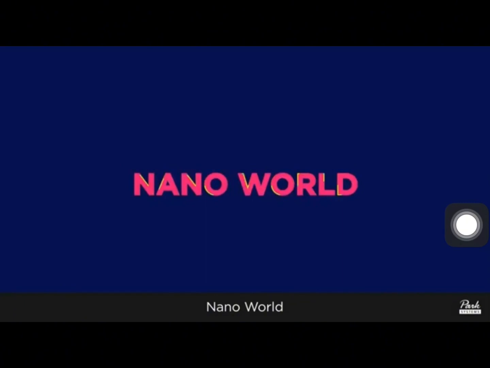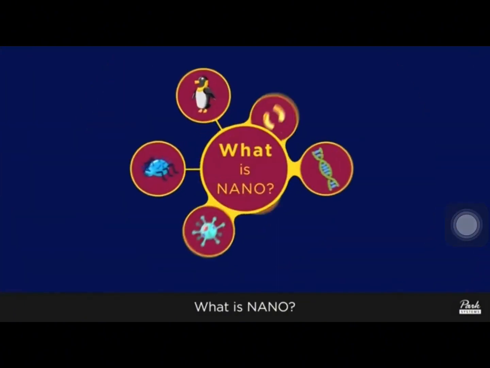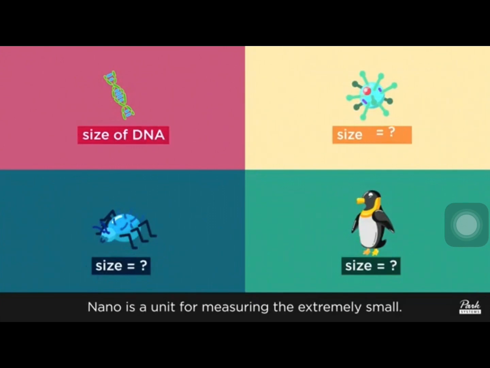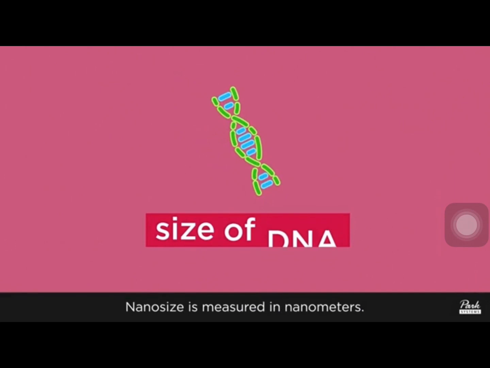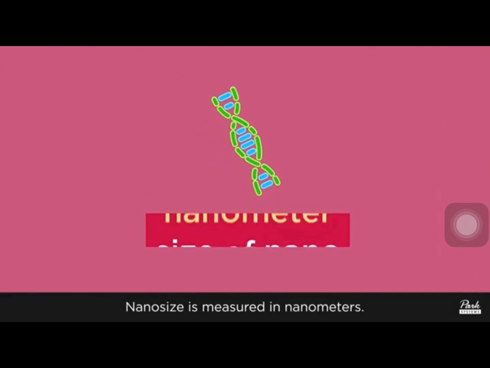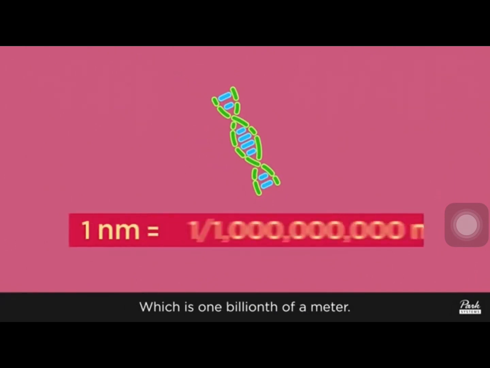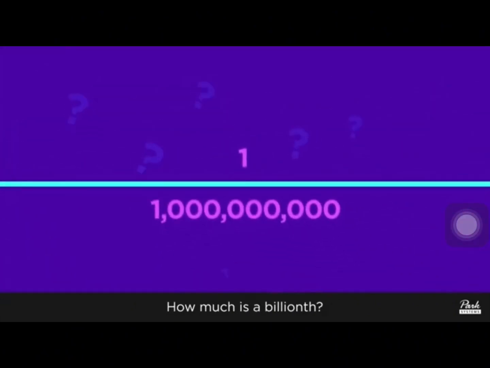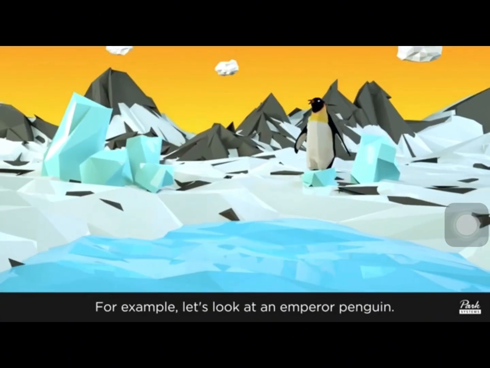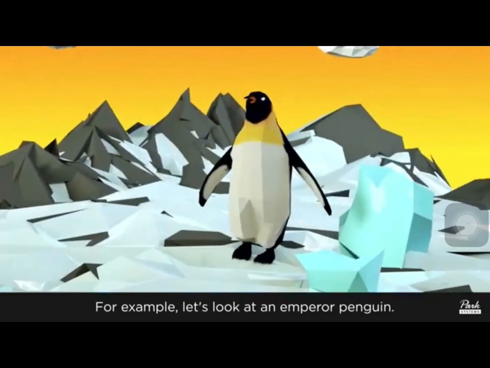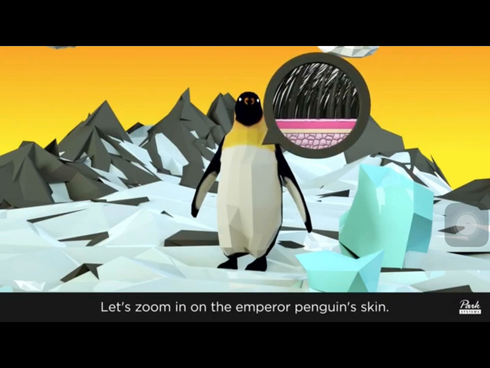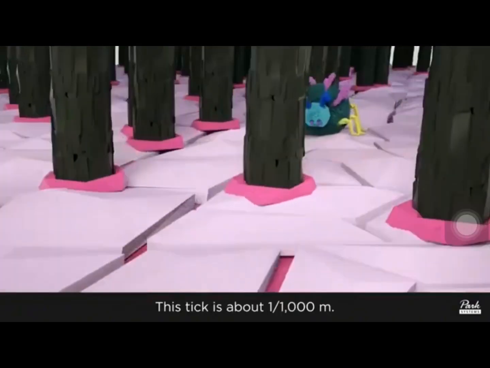Nano World. What is nano? Nano is a unit for measuring the extremely small. Nano size is measured in nanometers, which is 1 billionth of a meter. How much is a billion? For example, let's look at an emperor penguin. Let's zoom in on the emperor penguin's skin.